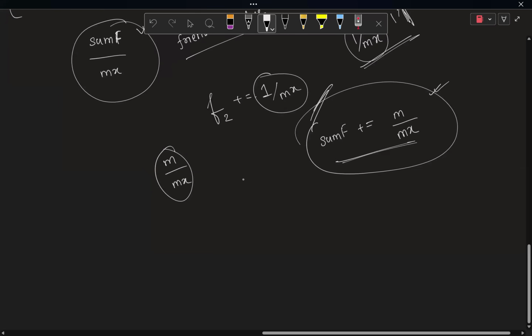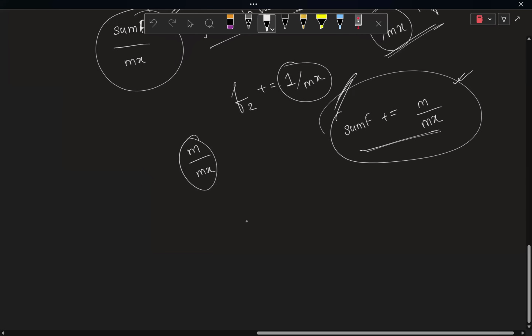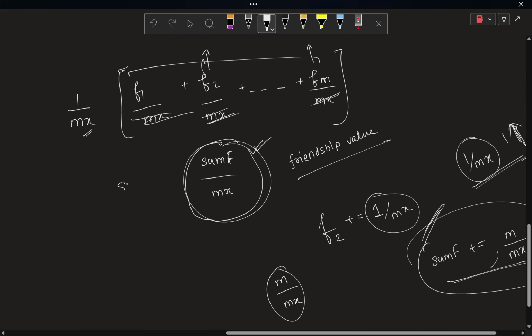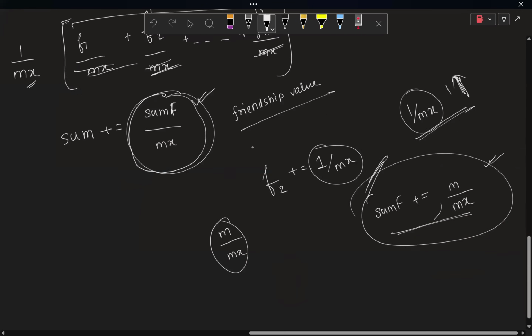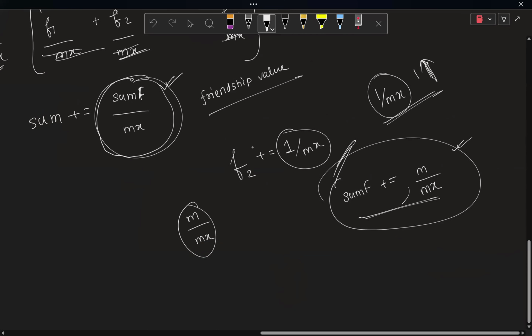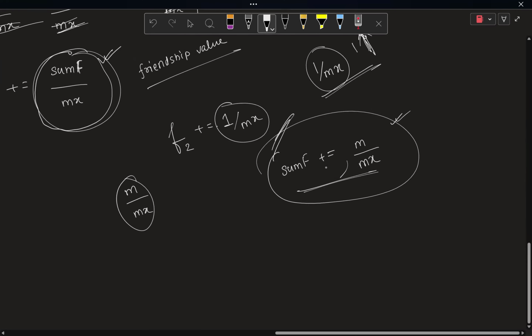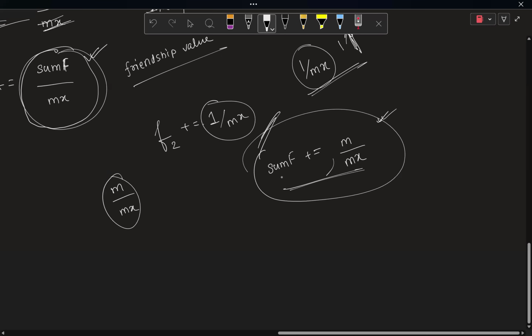So for every excursion, what I did is I just increased the sum by sum f minus sum f by mx. We just saw that this is the expected increase in friend value after the excursion, and the expected increase in the sum of all of f is nothing but m by mx, because 1 by mx is expected increase in all the friend values.